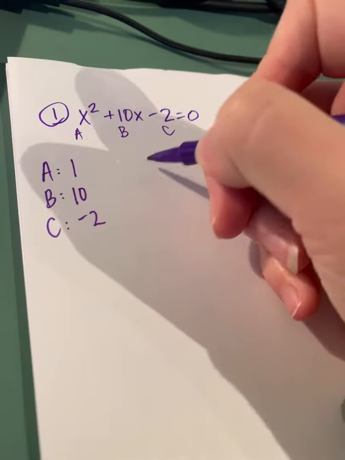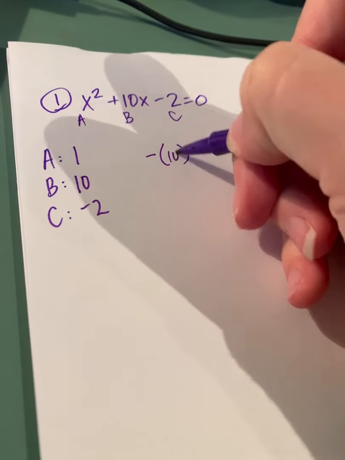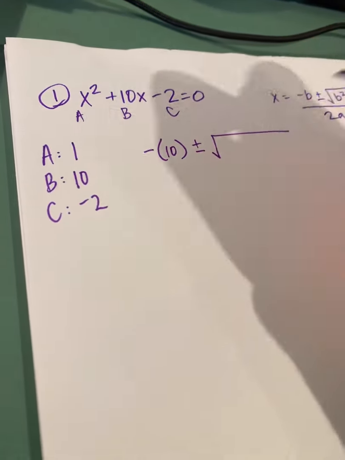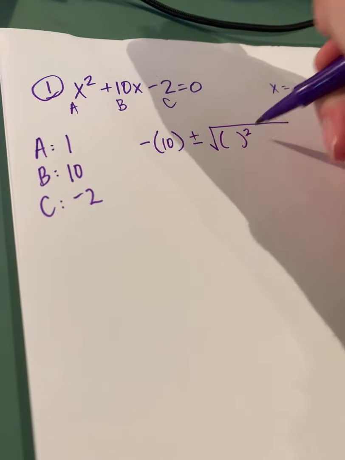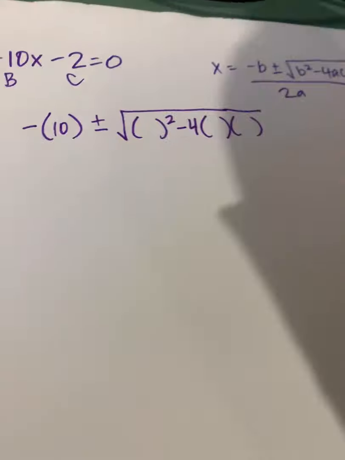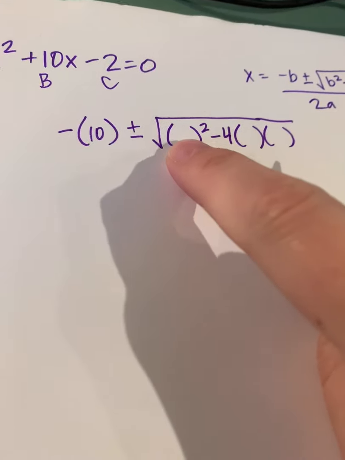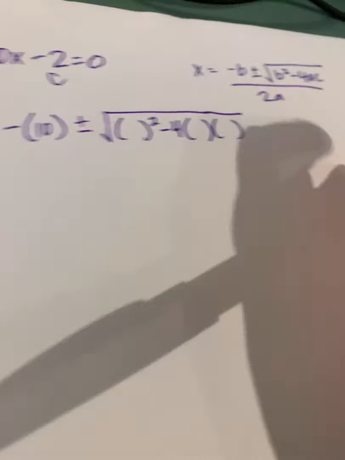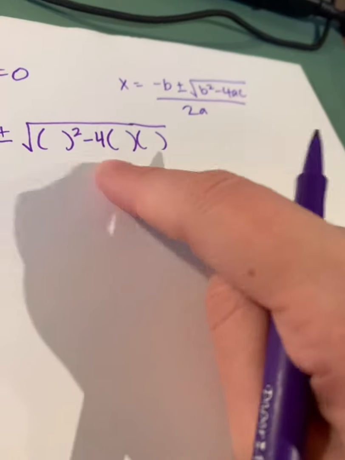So I have negative b, which is negative 10, plus or minus the square root of b squared minus 4 times a times c. So notice on this one, one strategy might just be to leave open spaces. So I'm going to do b, a, and c.